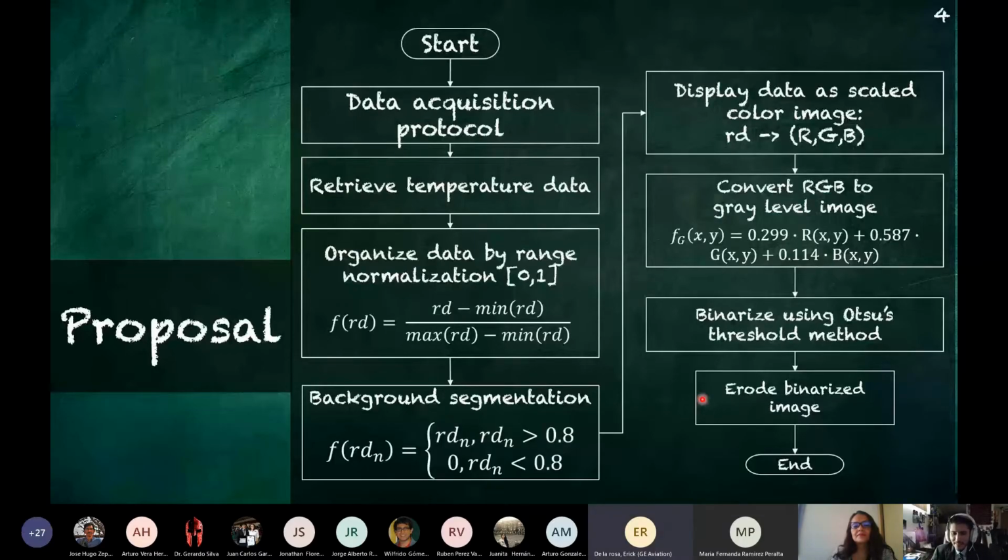Okay. A second question would be if you had some cases where, at the end of your procedure, you ended up with two different areas of interest after applying all these steps. Yeah.